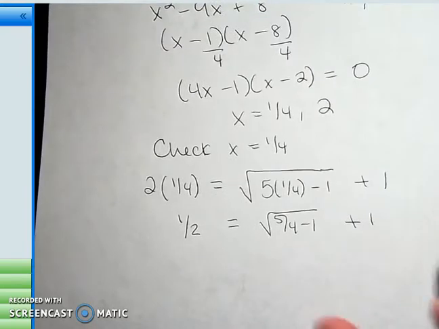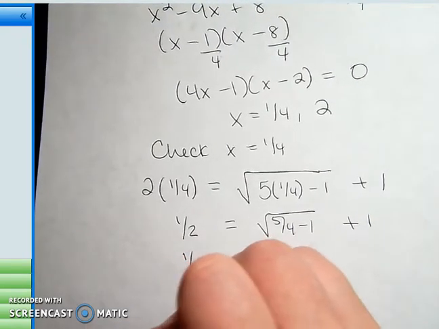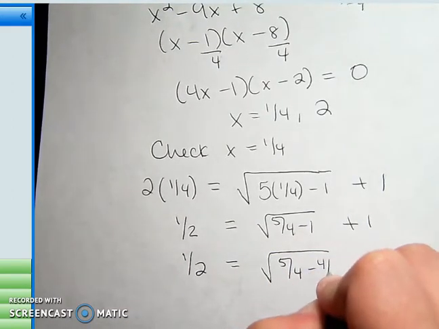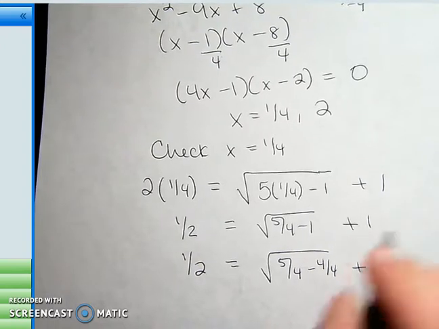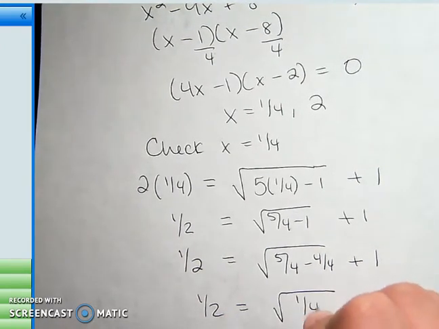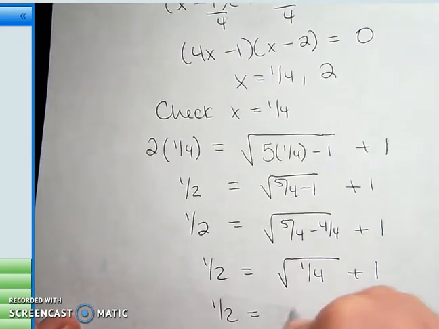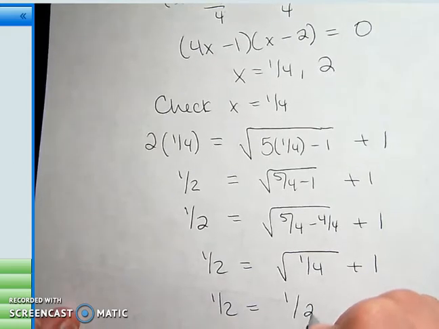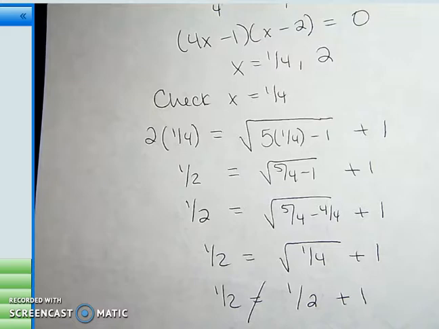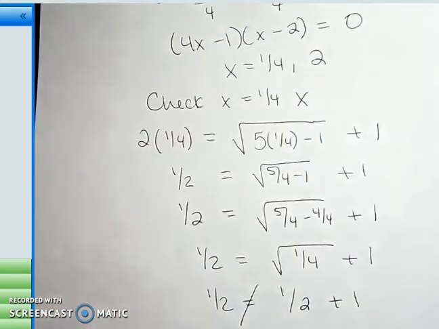Well, the square root of 5 over 4 minus 1 is the square root of 5 over 4 minus 4 over 4 if I find a common denominator. So that's 1/4 under the radical. In this case, the square root of 1 is 1, the square root of 4 is 2, plus a half. 1/2 plus 1 is not 1/2, so that one doesn't work.